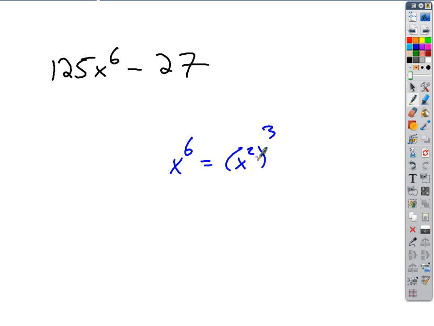Squared, because if I take a power to a power, I multiply the exponents. So I could think of it as being x squared cubed. So that fits our difference of cubes, but I could have also thought of it as being x cubed squared. So the x to the sixth part would have worked either way. It's the numbers that made this fit the difference of cubes pattern, right? Okay?